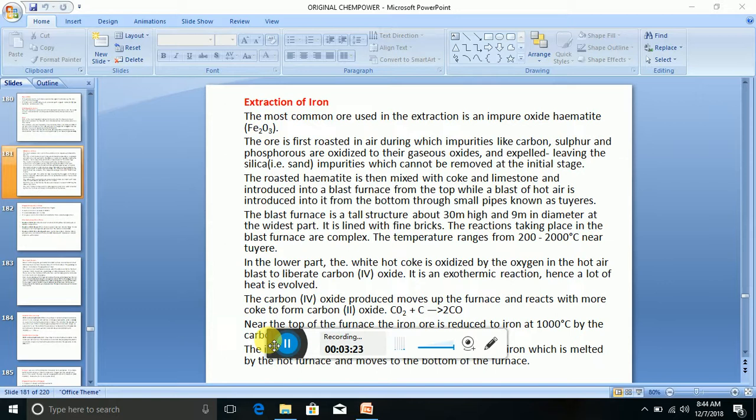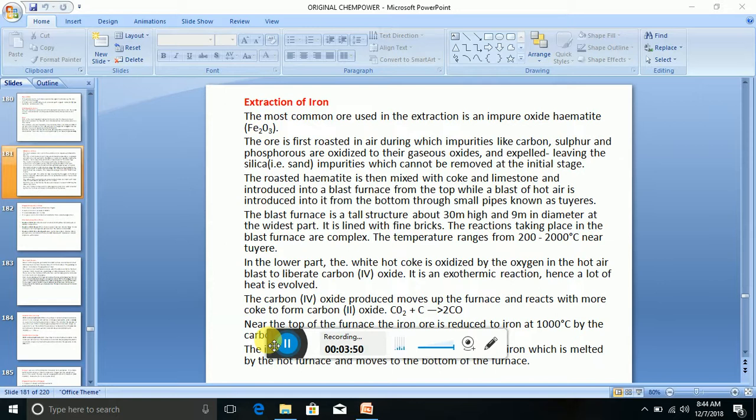So the ore is first roasted in air, during which impurities like carbon, sulfur, and phosphorus are oxidized to their gaseous oxides and expelled, leaving the silica, which is sand, impurities which cannot be removed at the initial stage.